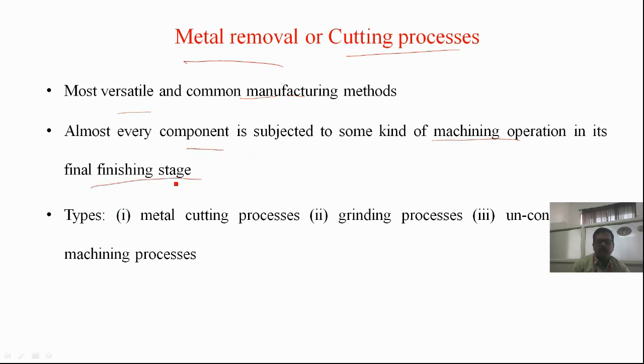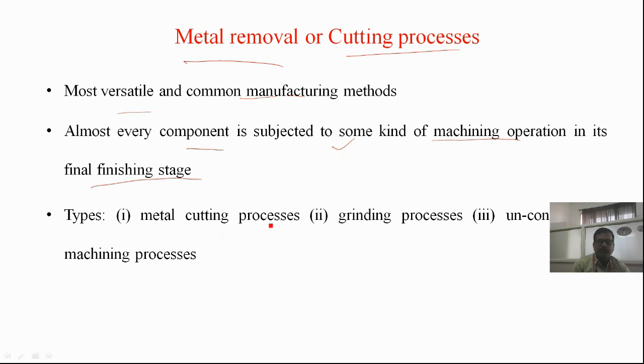Most of the things, whether they are cast or forged, need some kind of machining operation, whether it is for final finishing, that means grinding or honing, or for bringing it to the required size or surface smoothness. So it is essential after other types of manufacturing process also.